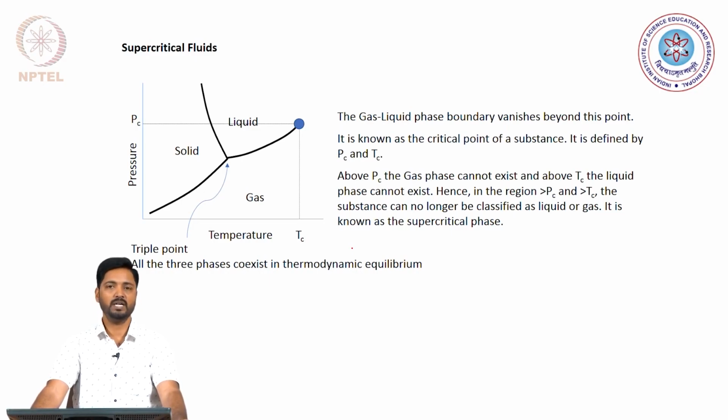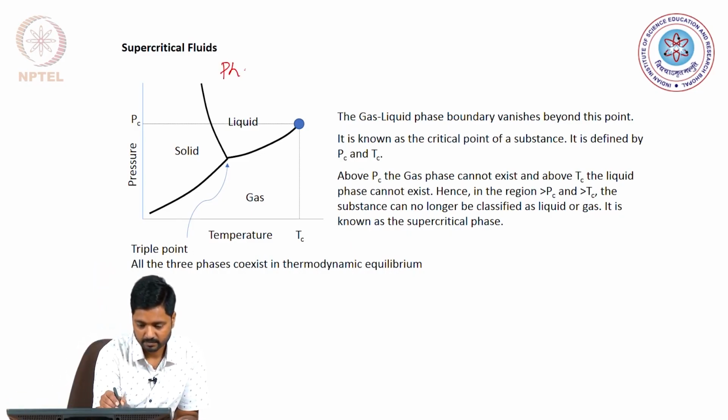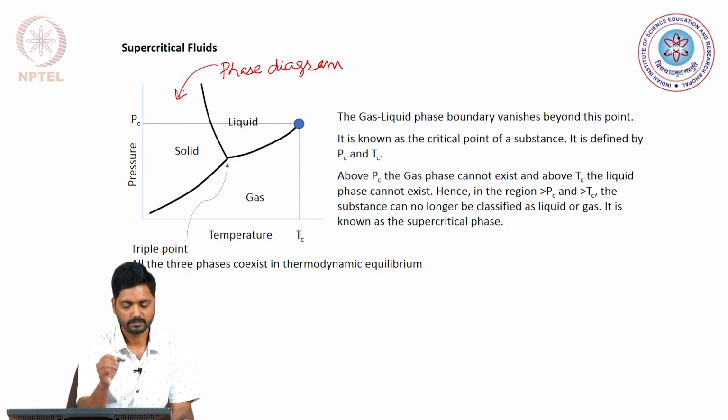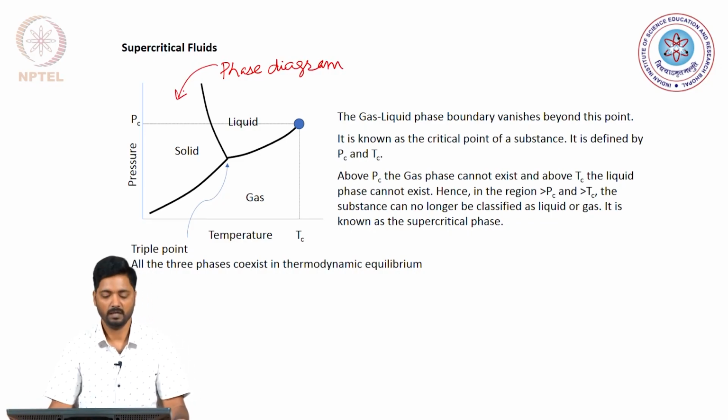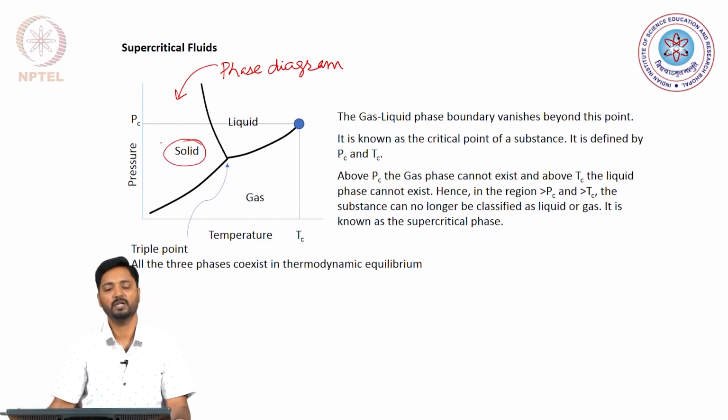This is a very interesting concept in that when we make a phase diagram, which is shown here, we can segregate any substance into the phases that it will take. For example, it will take a solid phase in a certain regime of pressure and temperature.